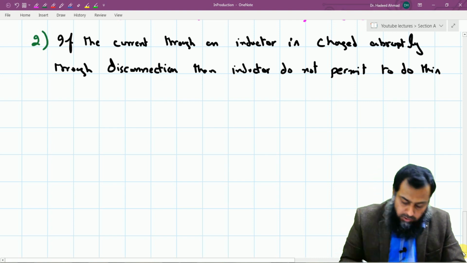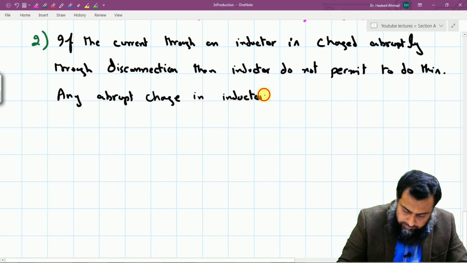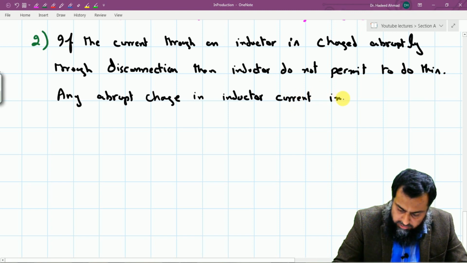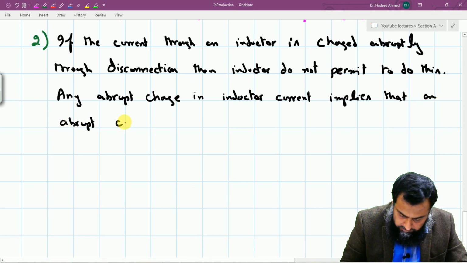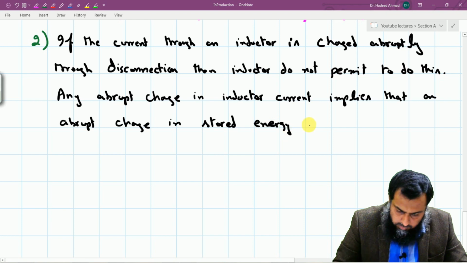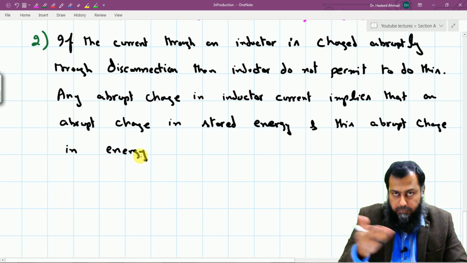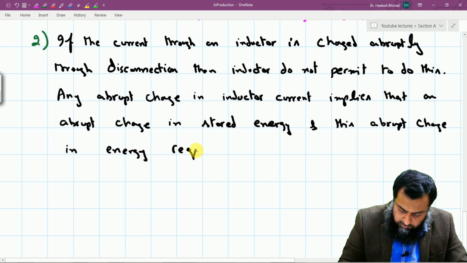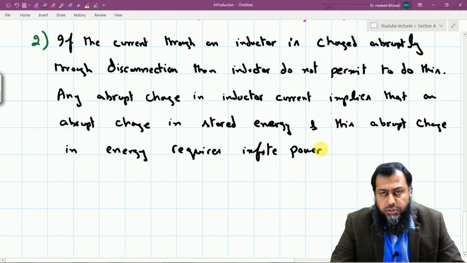Another aspect of this is that any abrupt change in the inductor current implies an abrupt change in the stored energy, and this abrupt change in the energy stored in that particular inductor requires infinite power, which is not possible in the real world.